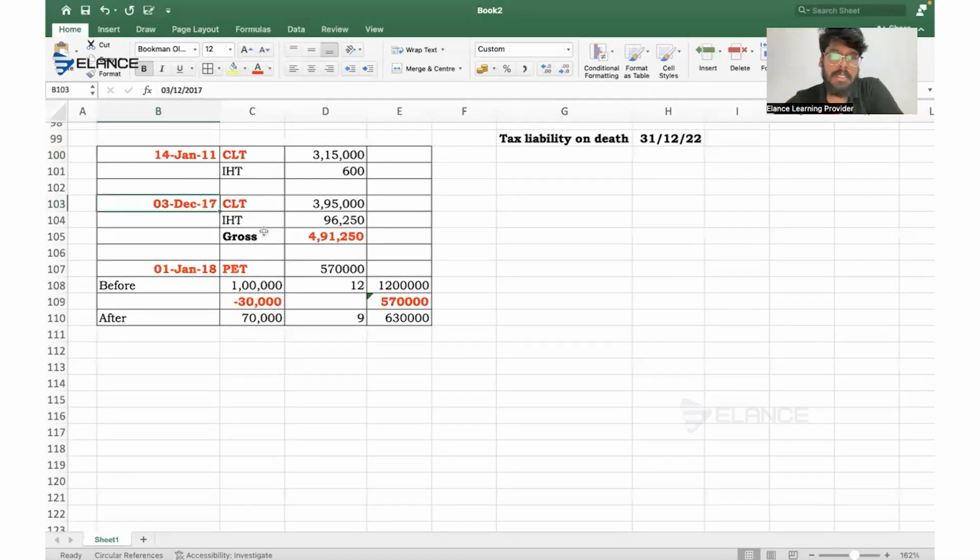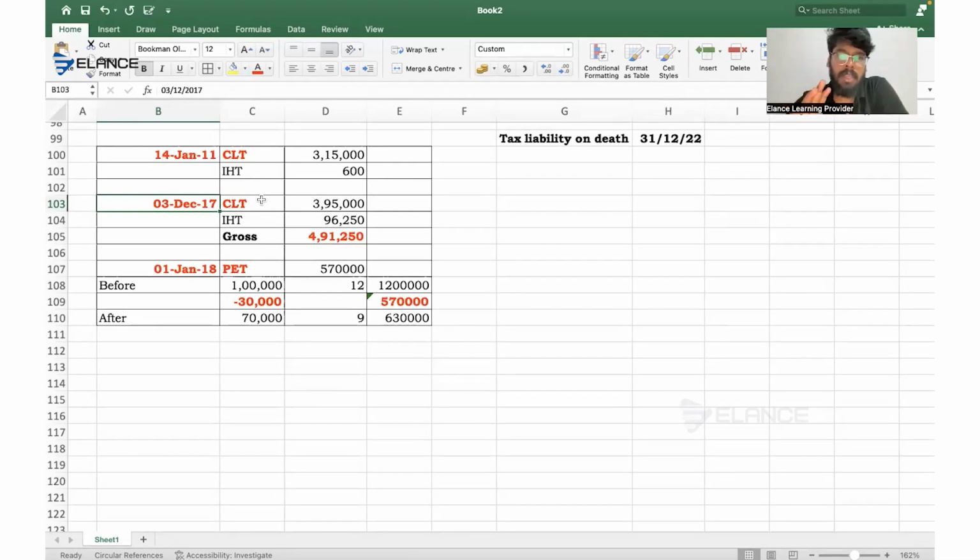And on 3rd December 2017, the second CLT was made. So we just find out whether the donor died within 7 years of the date of this second transfer. December 2018, 19, 20, 21, 22.